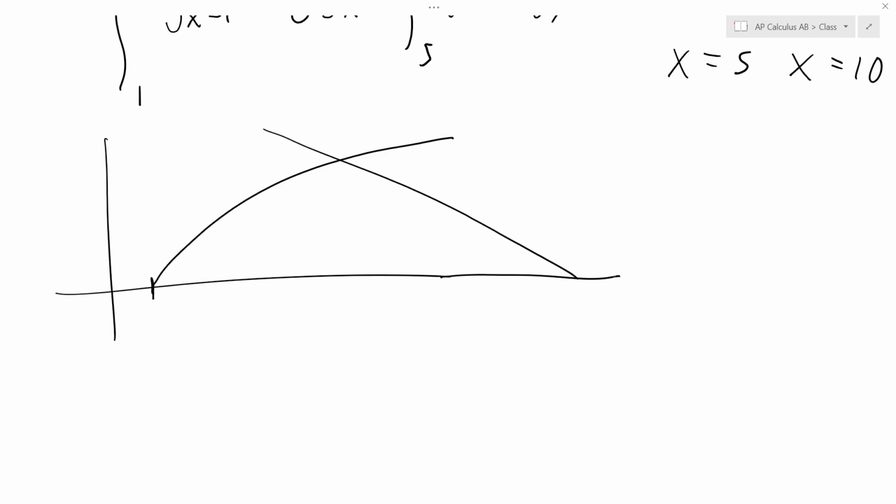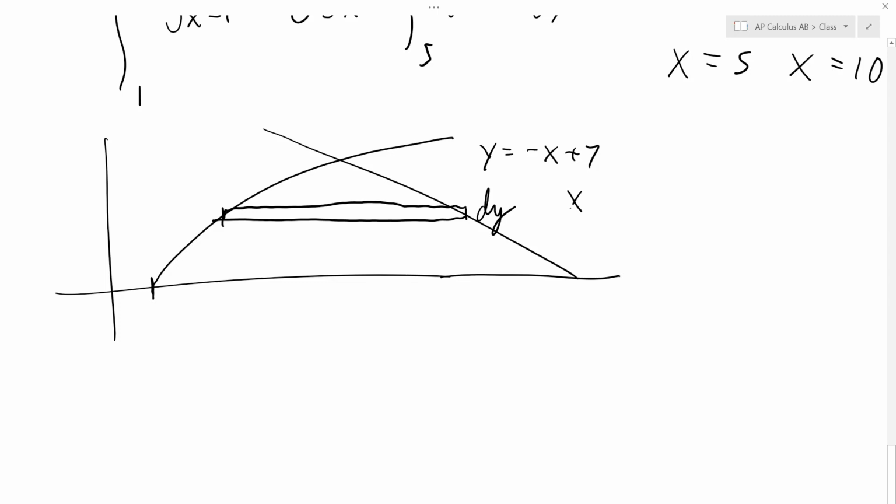Okay. So, if we were going to do horizontal rectangles, they would look something like this. It looks harder because you're used to the vertical, but do you see that no matter where I draw that rectangle, what defines the right-hand side? Negative x plus 7. But because my thickness is going to be dy, right away I know I need to solve for x.